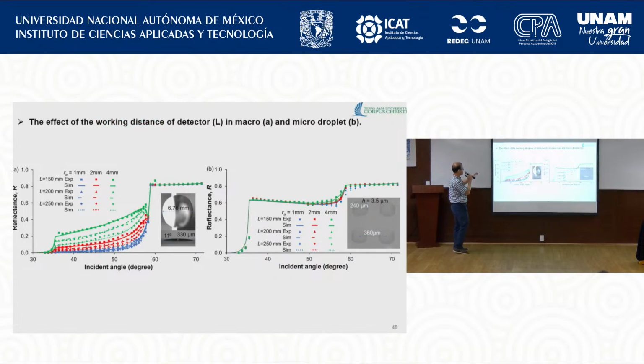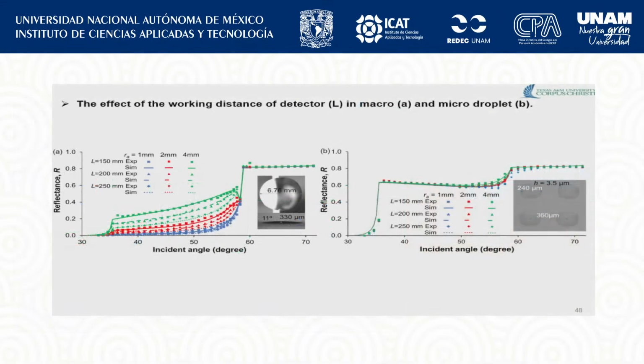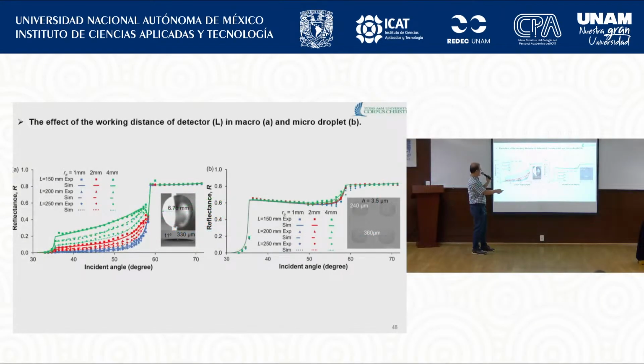Yeah, this one shows the result for the very big scale droplet and the small scale droplet, macro and micro, with different aperture sizes, and also with different working distances. Because we are testing the aperture effect, that's why we are testing different working distances. It's a very tedious measurement.